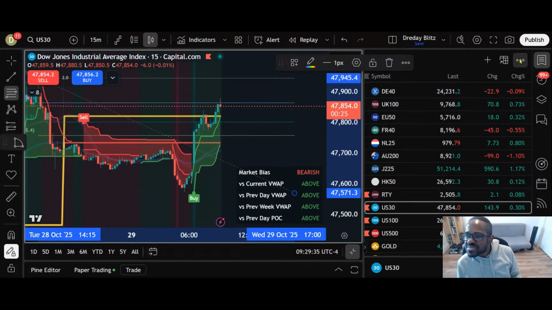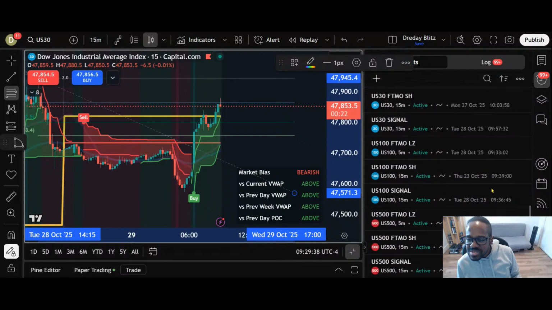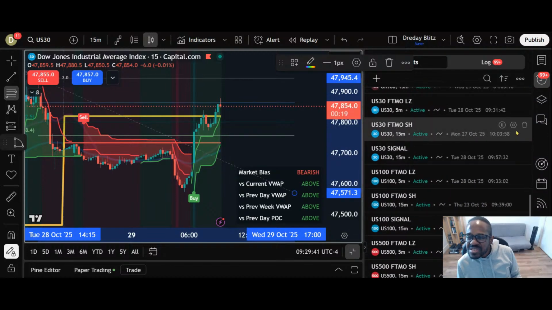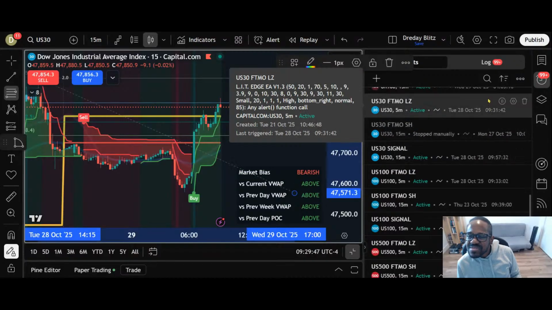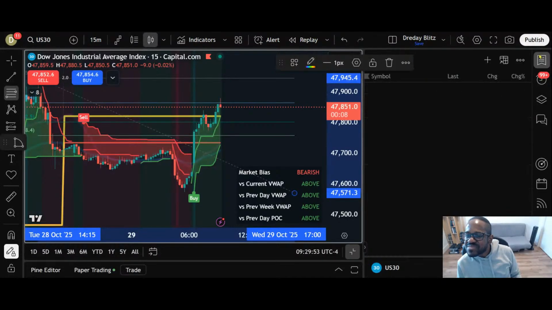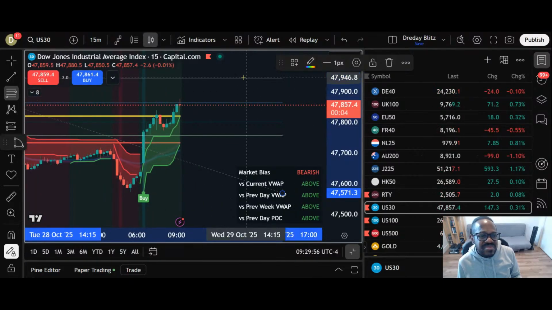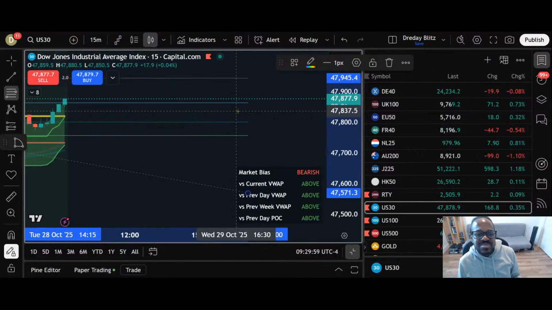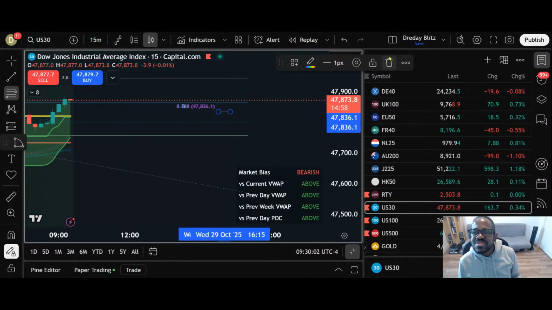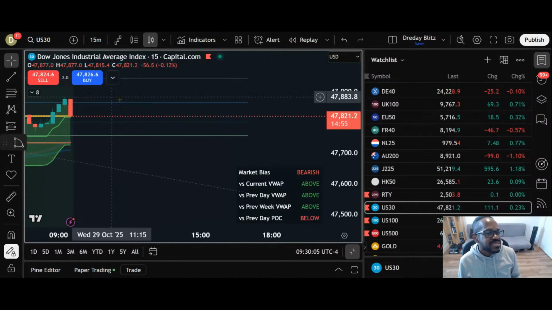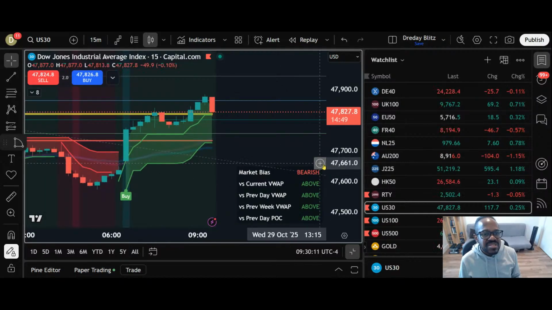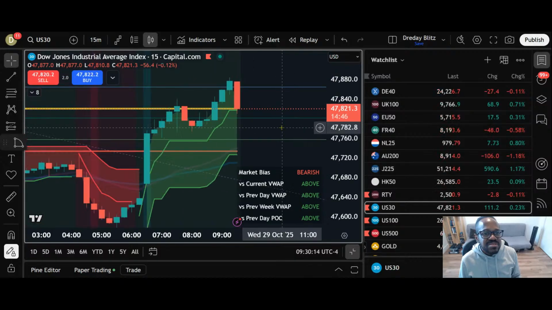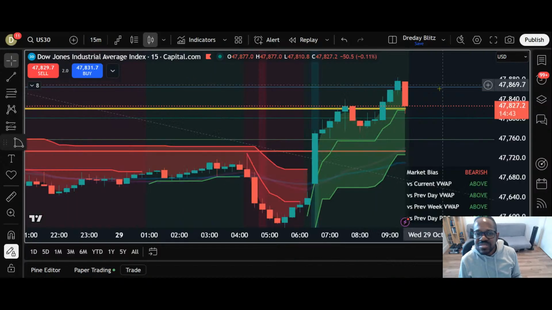So what I'm gonna do is close the signals here for US30, just to be careful. There you go. All right, so it is 9:30, so the market just started. As expected, I was looking to go short here.